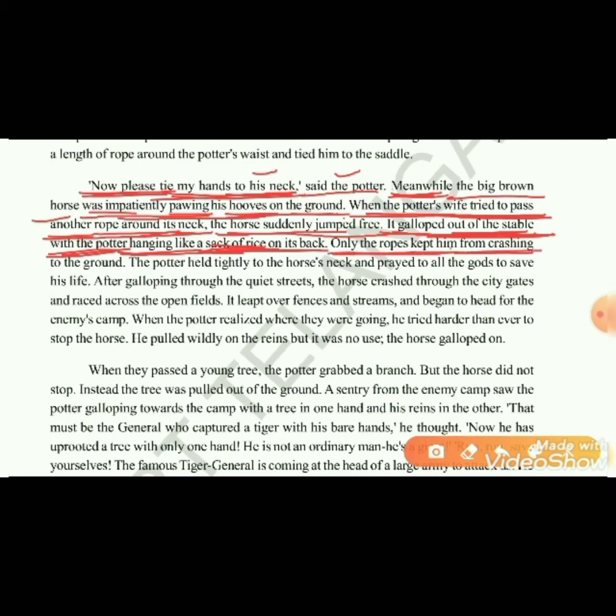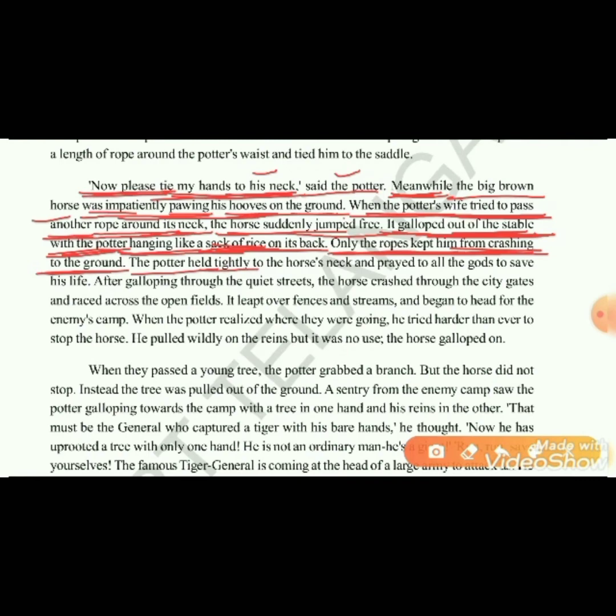It leapt over fences and streams and began to head for the enemy's camp. Even fences and compound walls, it was jumping everything, in the direction of the enemy's camp, where the enemy was living.